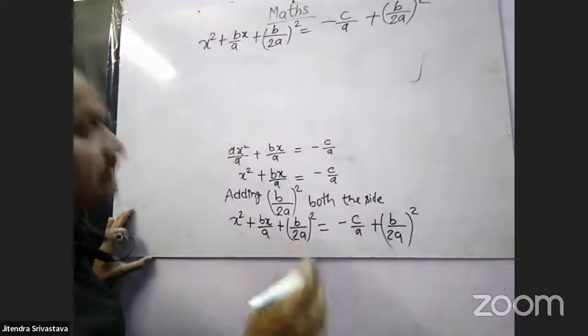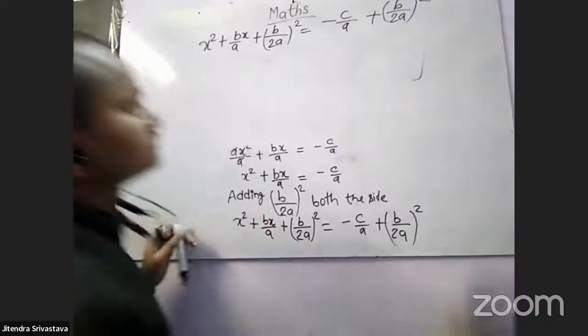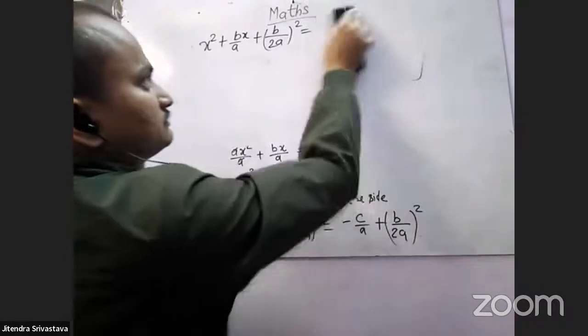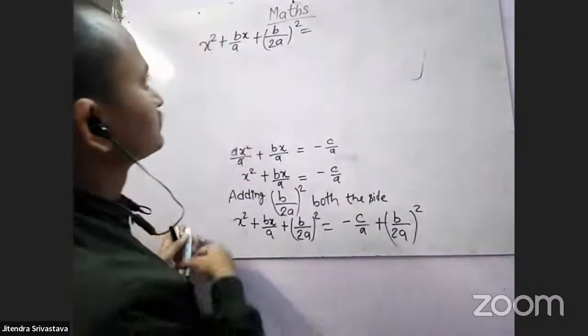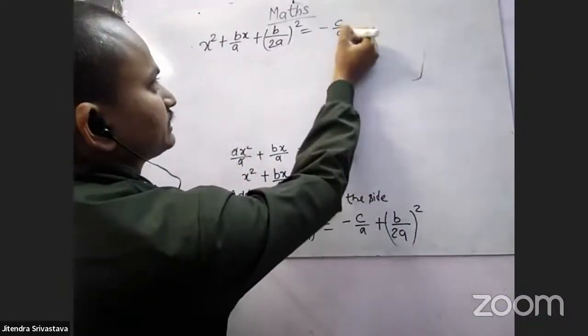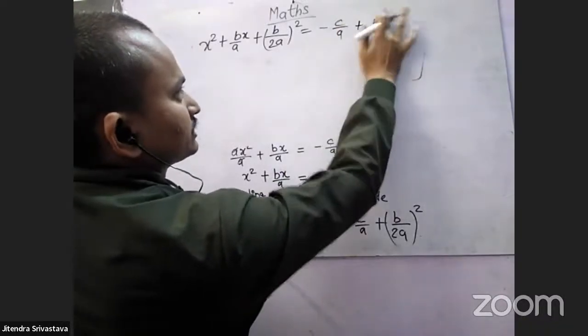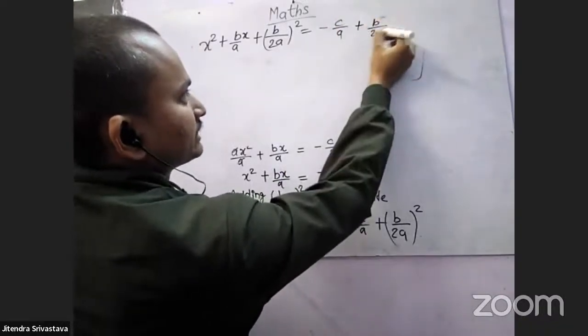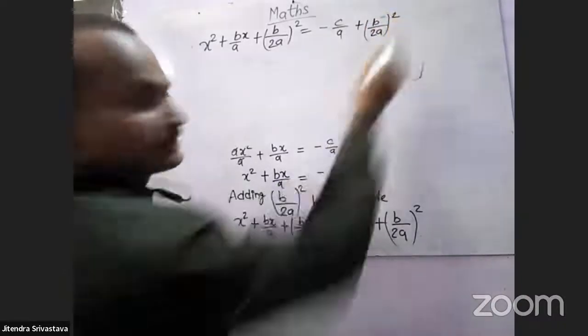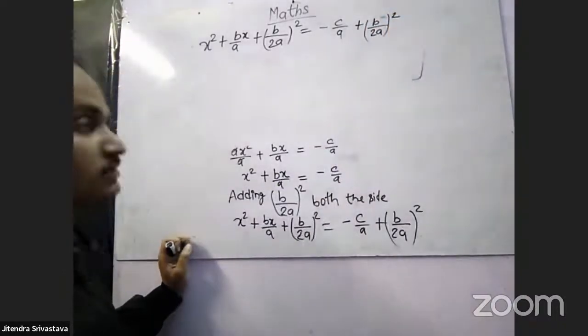If it is not visible, I will write it further down. Minus c upon a plus b upon 2a whole square. I hope it is visible now to you.